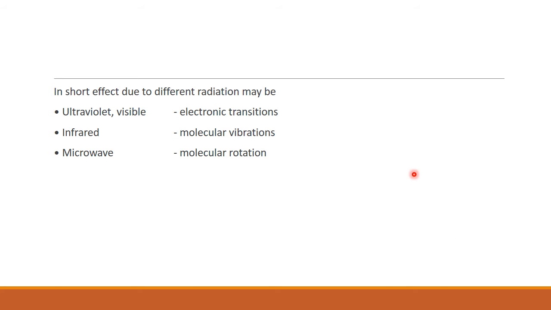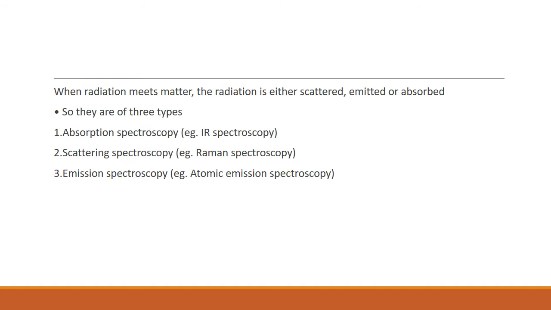So these are the commonly used types of spectroscopic techniques: ultraviolet and visible light, which vary the electronic transition; infrared, which influences the molecular vibration; and microwaves, which influence the molecular rotation. By studying this, we can understand the composition of the system. As I already explained, when electromagnetic waves interact with matter, there are three possible options: either it may be absorbed, or there may be scattering, or there will be emission.